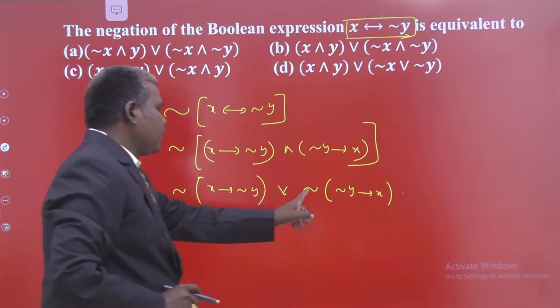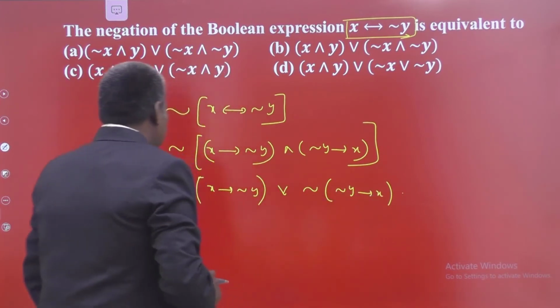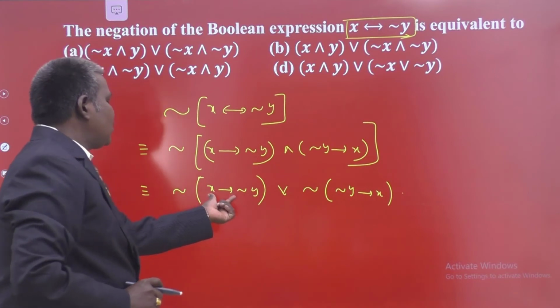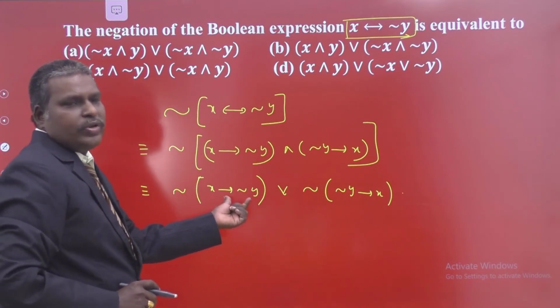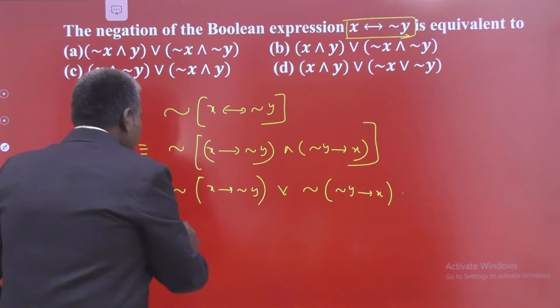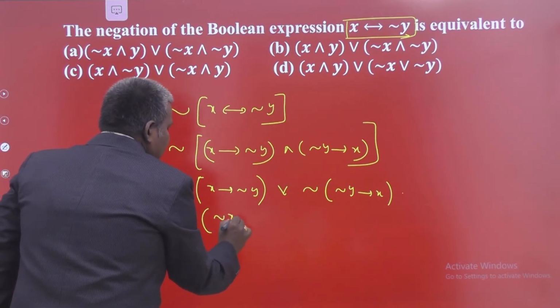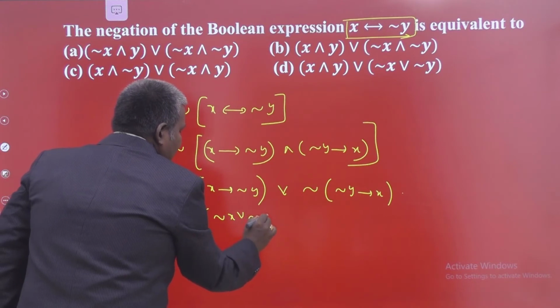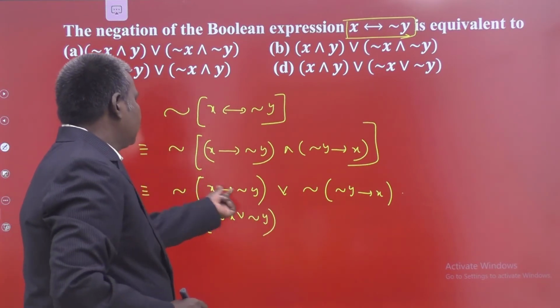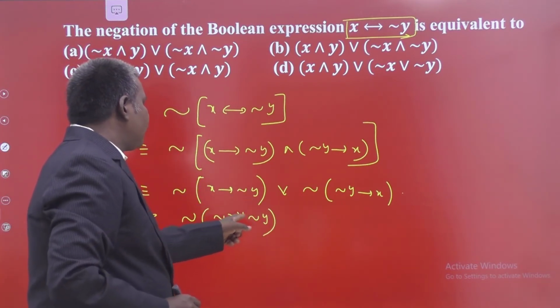Negation will be here, negation of y implies x. What is the definition of P implies Q? P implies Q we mean negation of P or Q. So, which is equivalent to negation of x or negation of y.